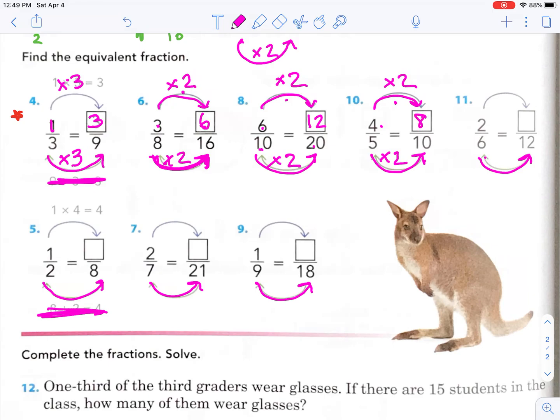Excellent. Let's look at this one. 6 times what number is 12? 6, 12, 18. Oh, 6 times 2 is 12. What we do to the bottom, we also do to the top. Thanks, Abigail. I wish I could hear my students too. Thanks for playing along. 2 times 2 is 4.